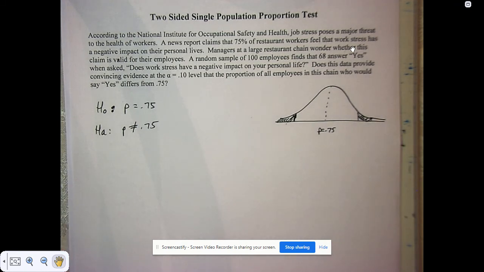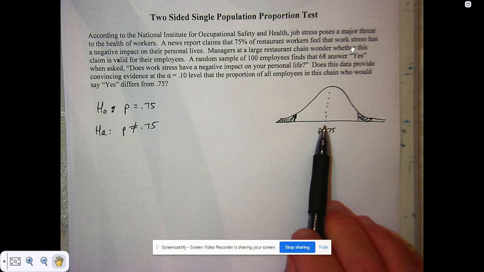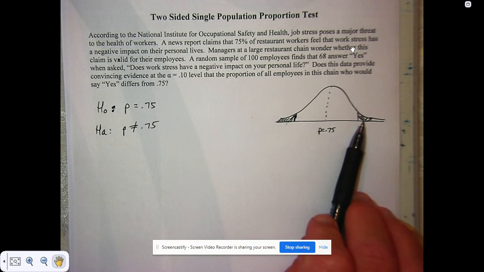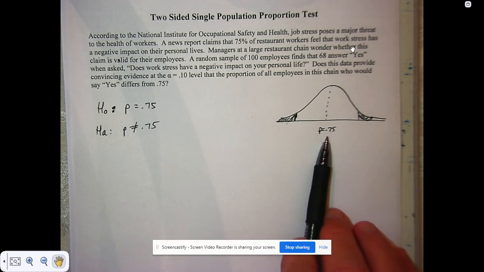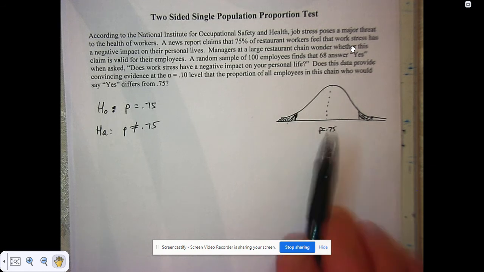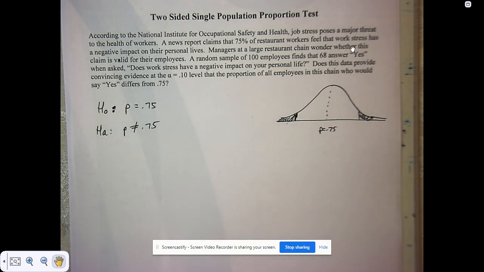We don't know. We haven't run the sample statistic yet, but that's why we're talking about a two-sided test, because in either case, if it's less than or greater than, it will give evidence that P doesn't equal 0.75. Not that it's on one side or the other, but it just doesn't equal.